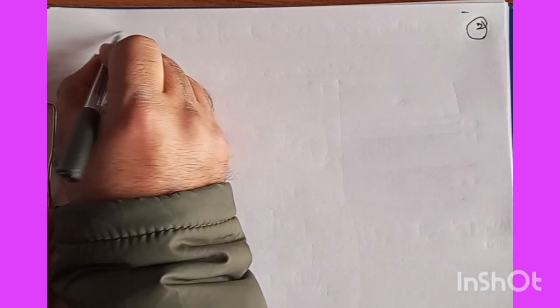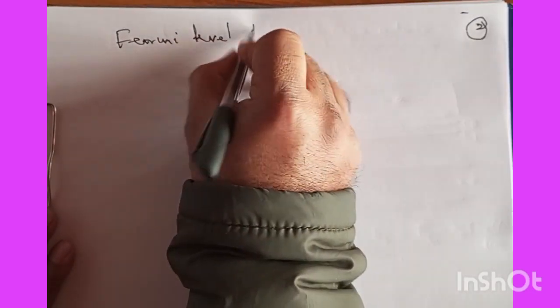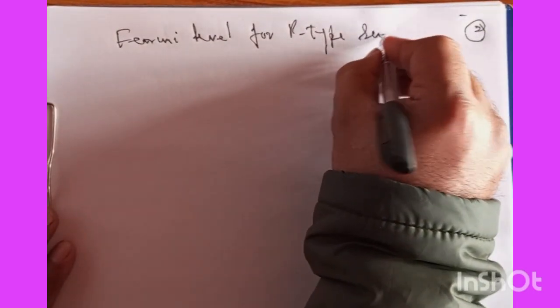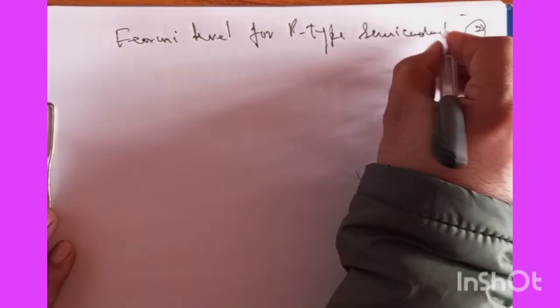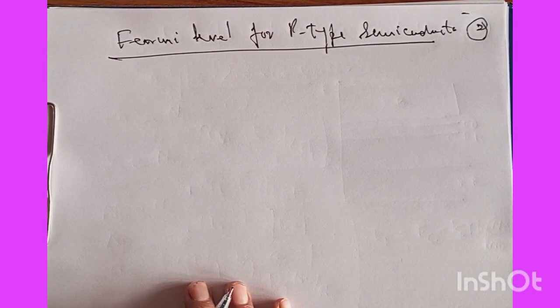So if I continue with Fermi level for p-type semiconductor, and now in this case we better understand that we add the trivalent impurities to the intrinsic semiconductor, and we are able to develop holes in the valence band.